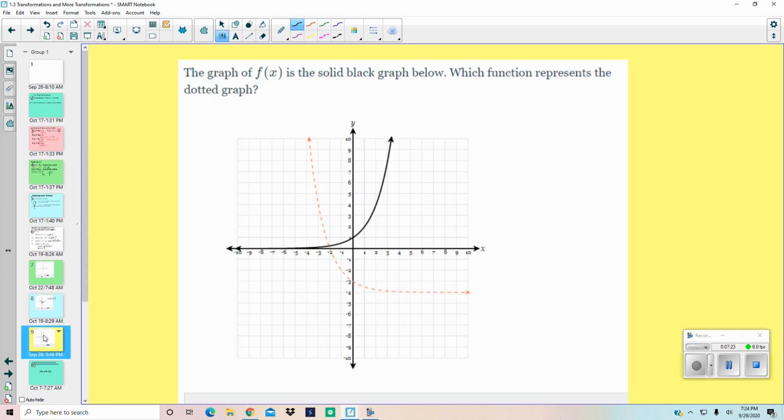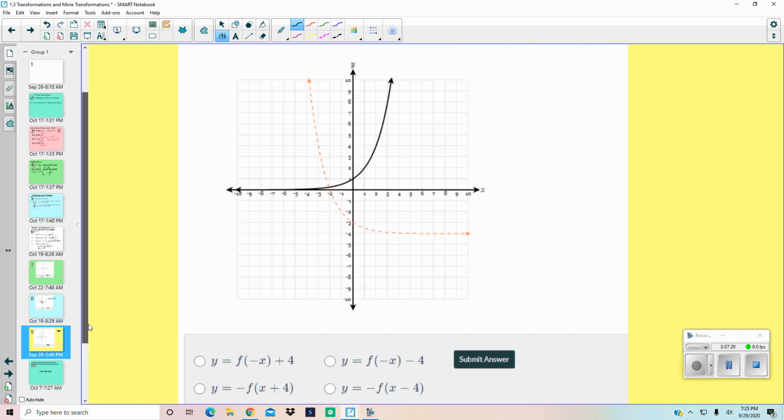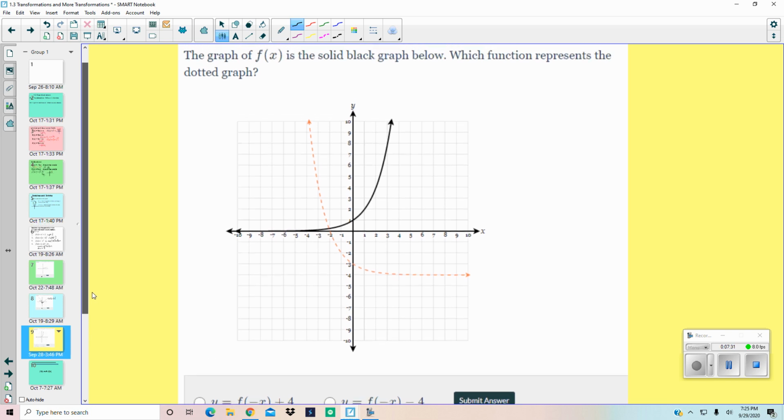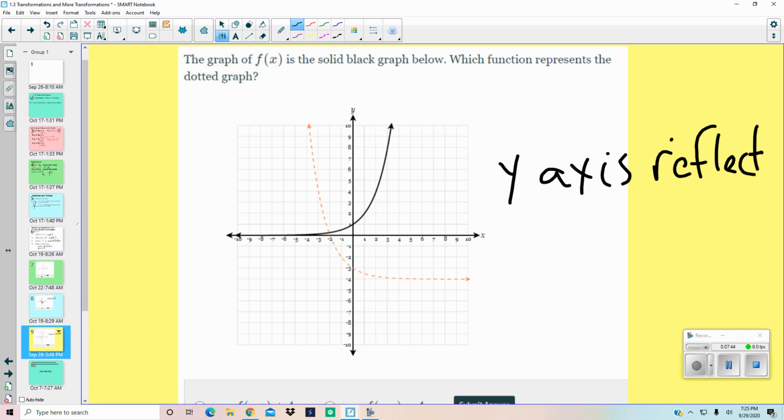Look at one more. Here, we don't even know what function this is. Oh, I'm wondering if, oh yeah, it is down there. But it doesn't matter because you can see that it's reflected about the y-axis. So it's a y-axis reflection. And then it's also shifted down 3 units.